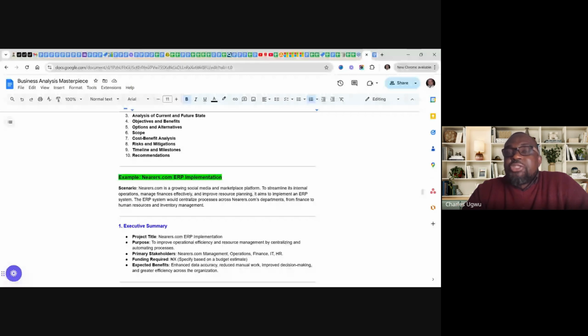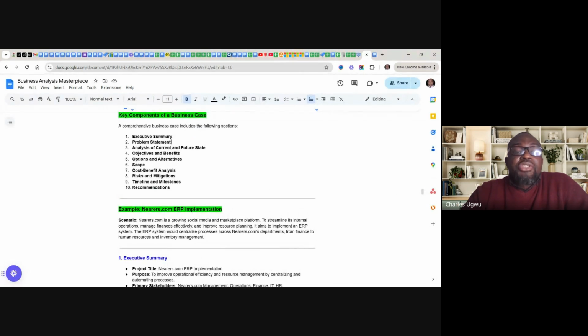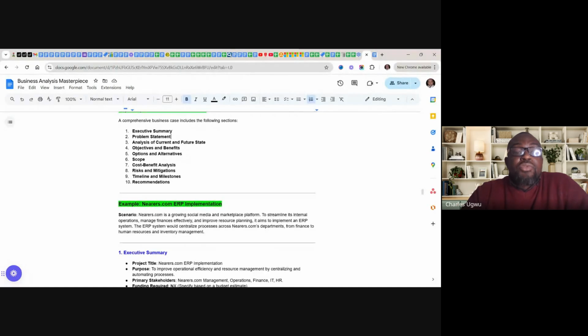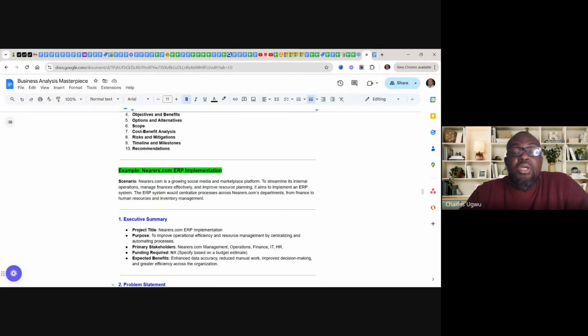It's a conception. We conceive this idea that it is going to be good, or we want a business analyst to look into this. So it's now the duty of the business analyst to carry out analysis, looking at all these building blocks, all these components, and put them together. This is what we need to do in order to come up with a strong business case for NERAS to implement this ERP solution.